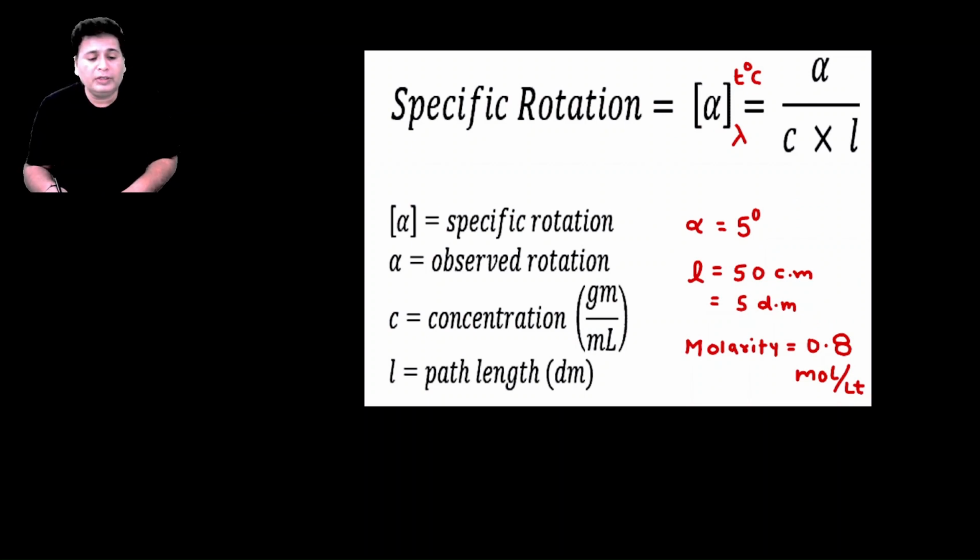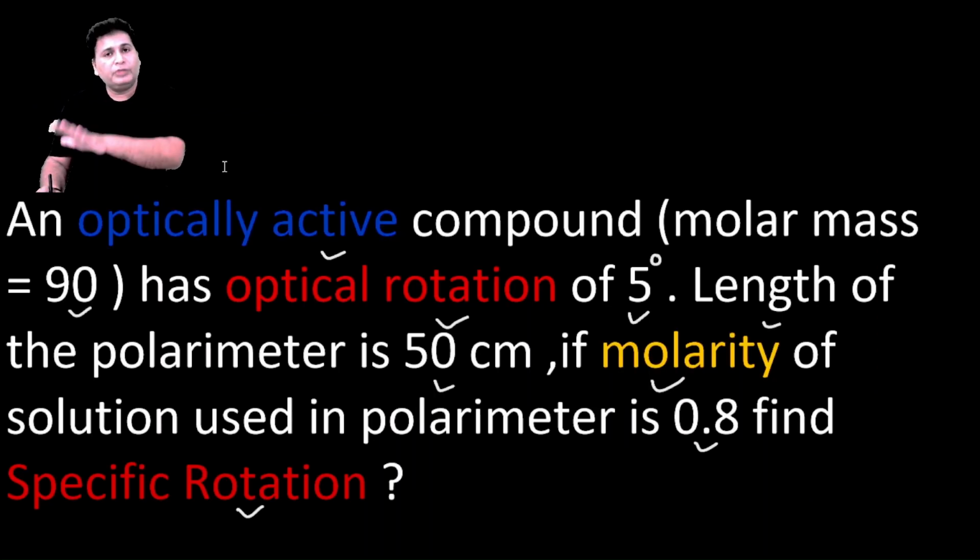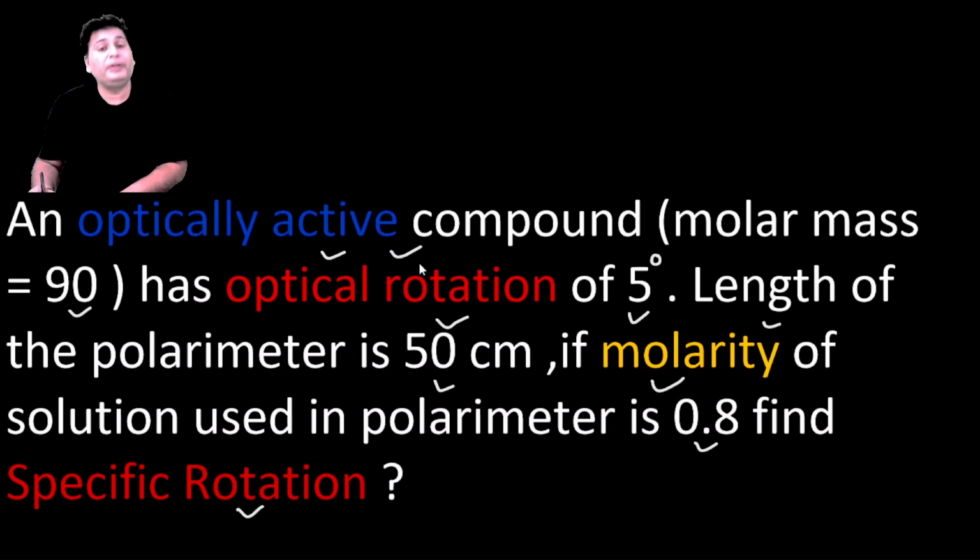Now you should understand the next thing. As we read out the question once again, the question says that there is an optically active compound. So for sure you are going to get some rotation once the PPL is coming out of the polarimeter, and the rotation we have got is plus 5 degree. That means it is dextrorotatory and the rotation is 5 degree.